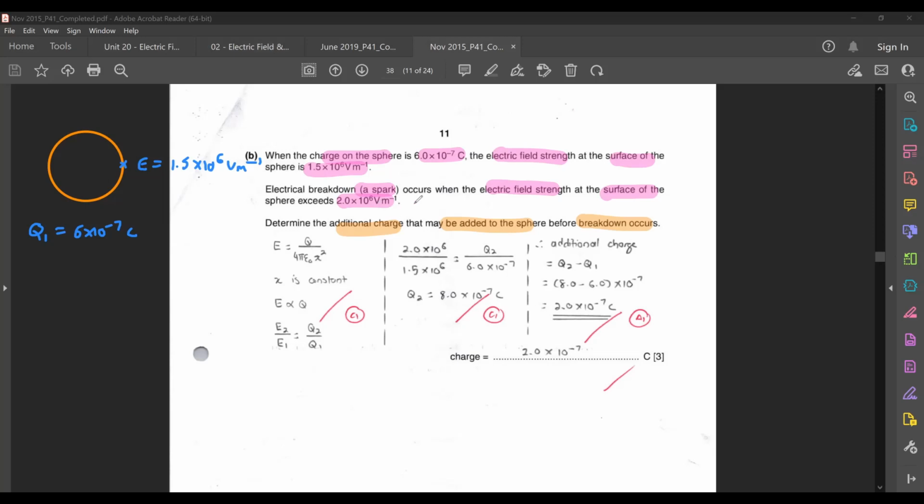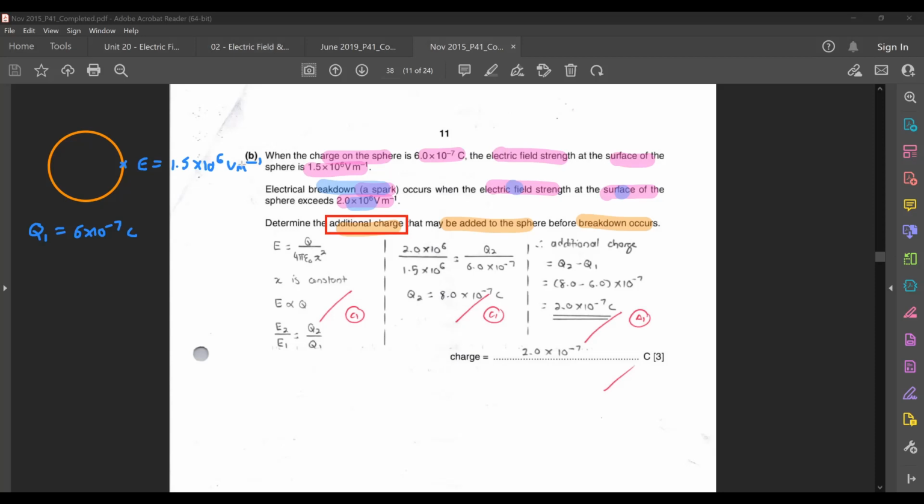They mentioned that an electrical breakdown, or a spark, will start to occur when the field strength at the surface of the sphere exceeds this value here. What they want to know from there is how much additional charge must be added to the sphere before breakdown even occurs.